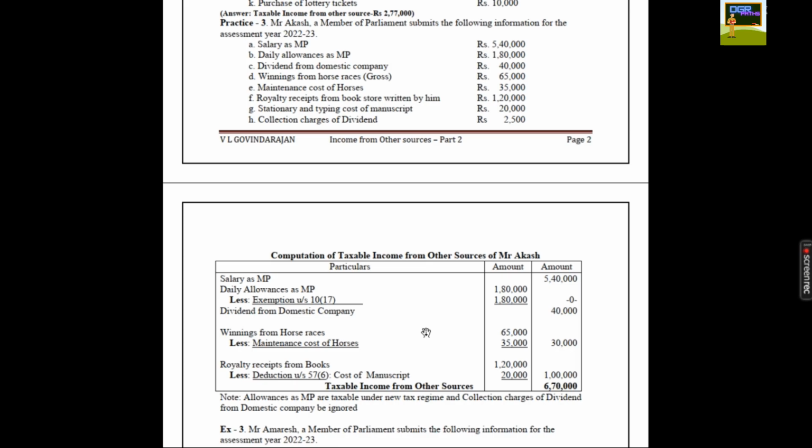The last one is collection charges of dividend. Here, allowances as MP are taxable under the new tax regime, and the collection charges of dividend from domestic company may be ignored. Only dividend collection charges from the foreign companies are allowed as deduction under section 57(1). Okay, in the same pattern, the listeners can practice exercise 3 and check the answer.